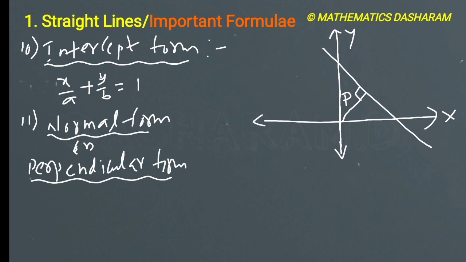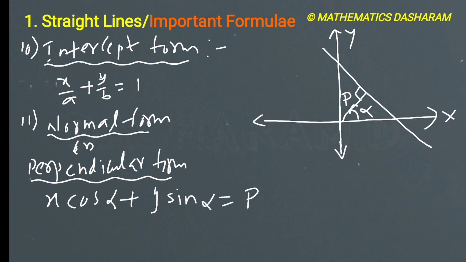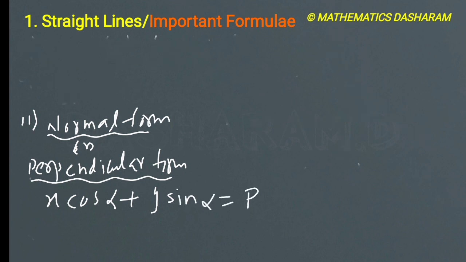Next to alpha, alpha means here is the alpha value. Then in this case the equation of a straight line is x into cos alpha plus y into sin alpha equals p.